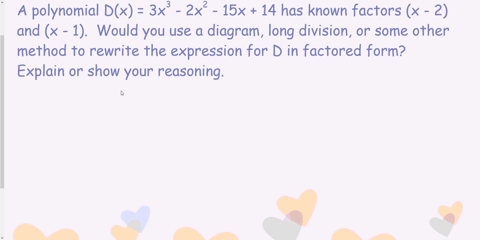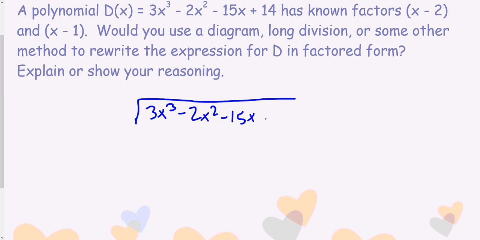If you want to do long division, and again, I'm only showing you this for those people that may want a few different tools in their toolbox. So remember that I'm going to divide 3x to the third minus 2x squared minus 15x plus 14.